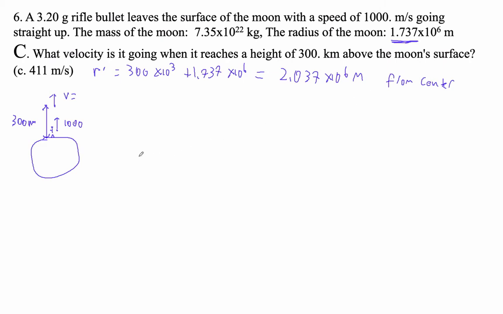Then we want to figure out its velocity. So we're going to say that this potential energy here, which is minus G, mass of the moon, mass of the bullet, over the radius of the moon, plus its kinetic energy, which is 1/2 mass of the bullet times v squared, and this v is going to be 1,000, equals minus G, mass of the moon, mass of the bullet, over the new r, which is this guy, plus 1/2 mass of the bullet times the new velocity squared.